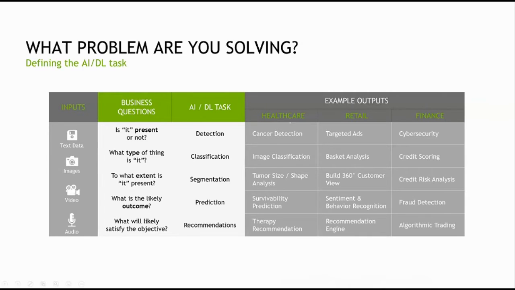Similarly, you can extend this understanding to classification, segmentation, prediction, and even recommendation. So these are some of the deep learning tasks and business questions that can be related to these deep learning problem statements.